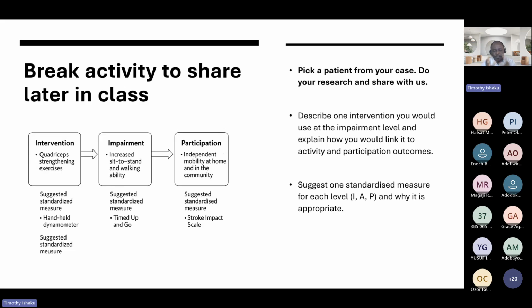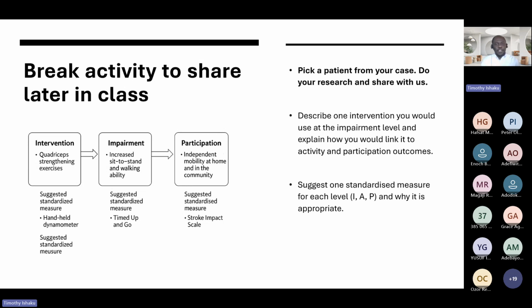Sorry, no, not 1:30. It is now 1 o'clock in Nigeria, right? So 2:30. It's 12 o'clock for myself, so 1:30. So instead of coming back at 2 o'clock, we'll come back by 2:30, just to do this activity.